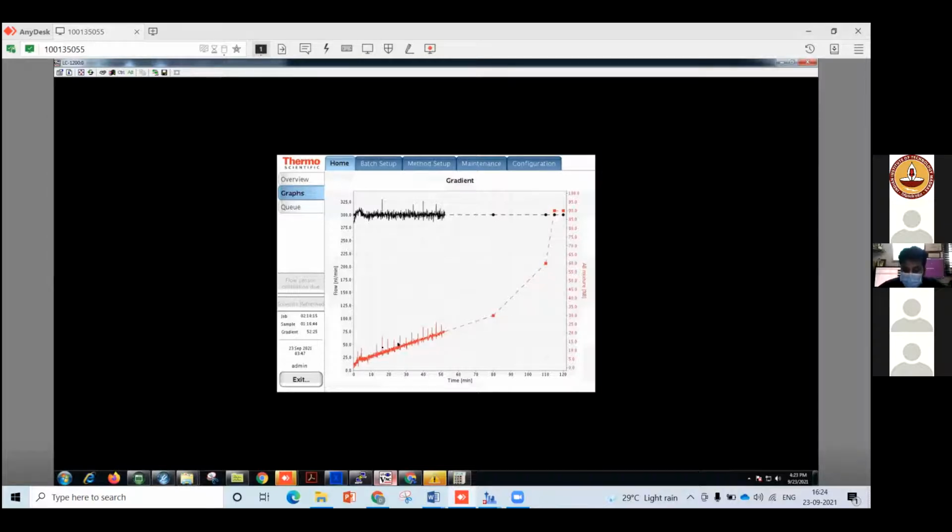As you can see over here, the initial gradient till 30% is linear, where the percentage of B is 30%. So most of the elution of the peptides happens in this particular gradient.